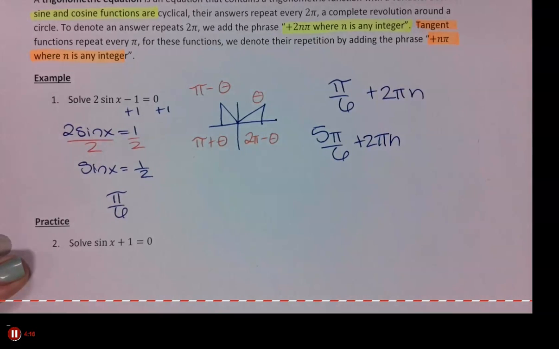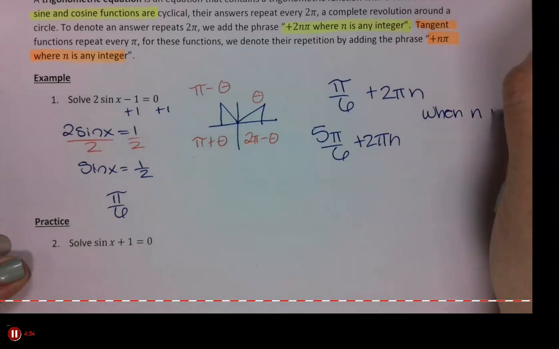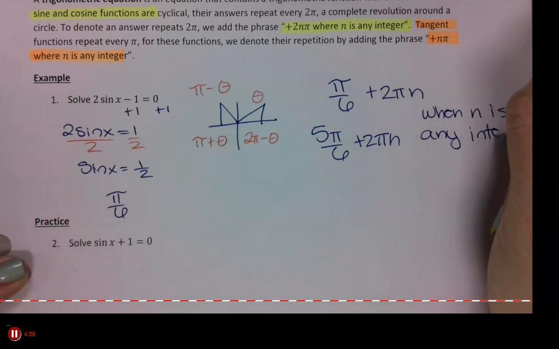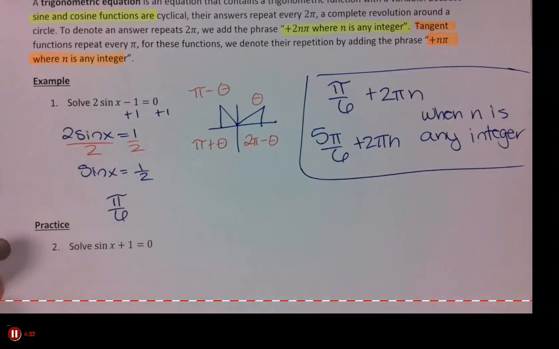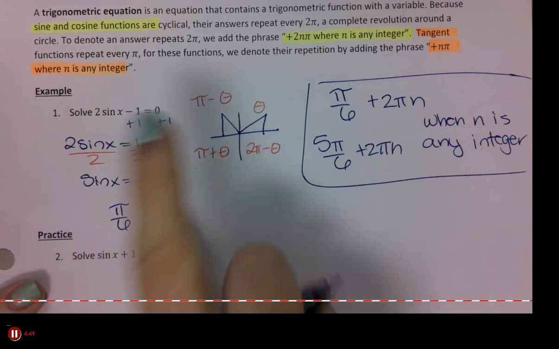I can move the pi, 2, and n around because they're multiplied, so order doesn't matter. And then I need to say when n is any integer. This is just to ensure that someone reading this knows that I'm talking about complete circles and not just half a circle. Pi minus pi over 6, because I'm in the second quadrant.